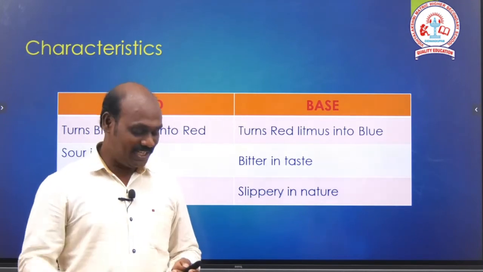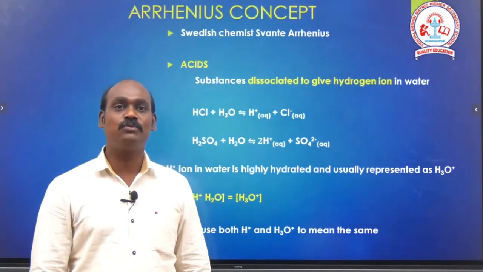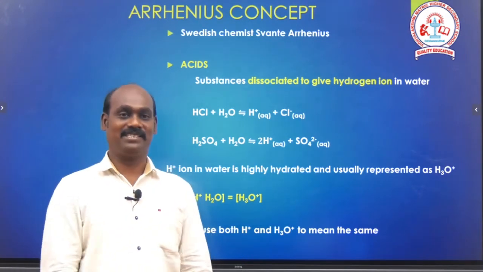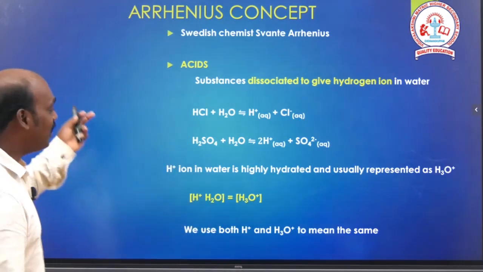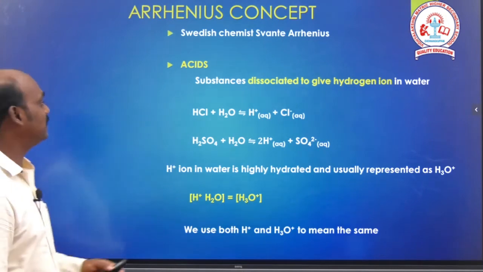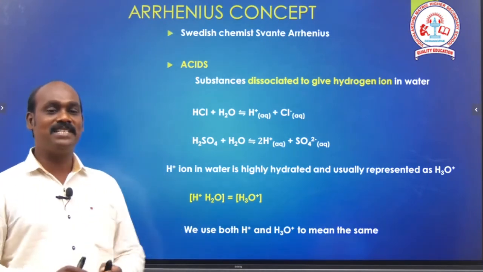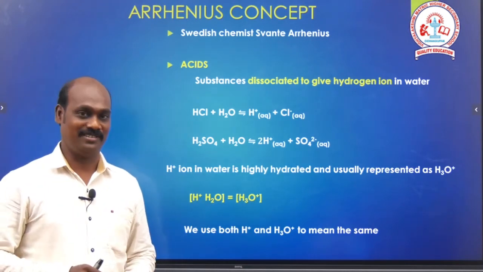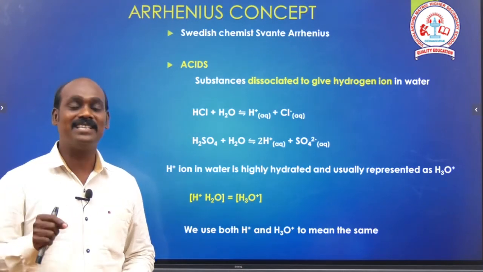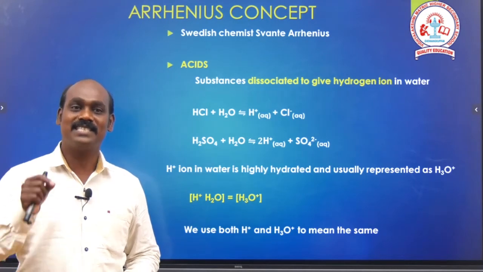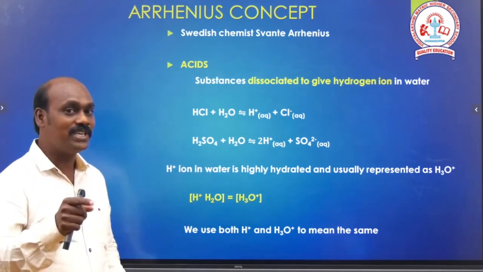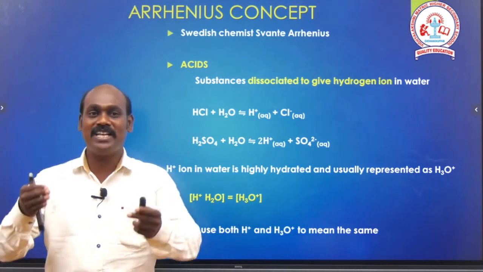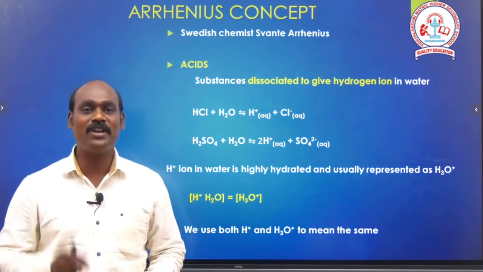A new concept was introduced by the Swedish chemist Svante Arrhenius. According to the Arrhenius concept, acids are the substances which give H plus ion in water. Acids are dissociated to give H plus ion, that is, proton in water.